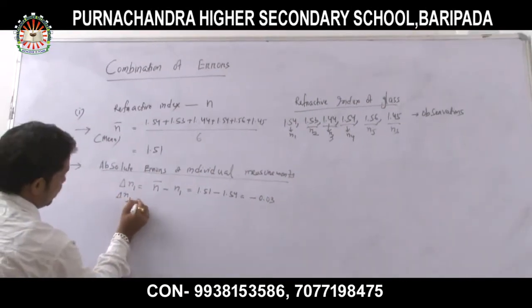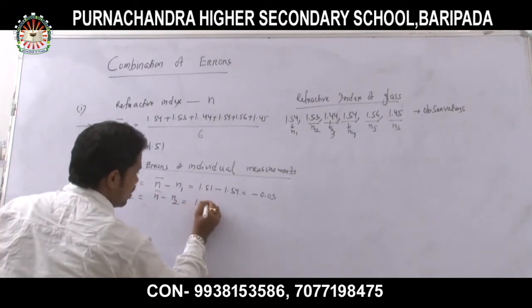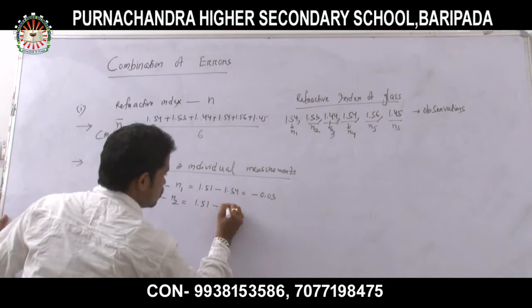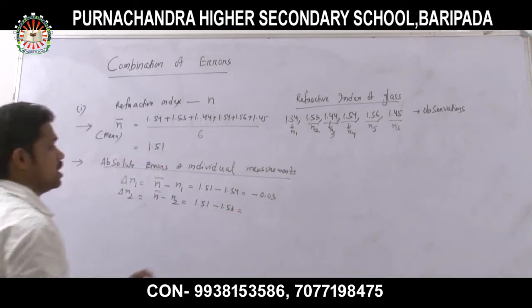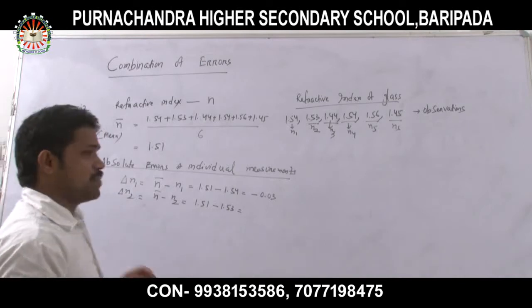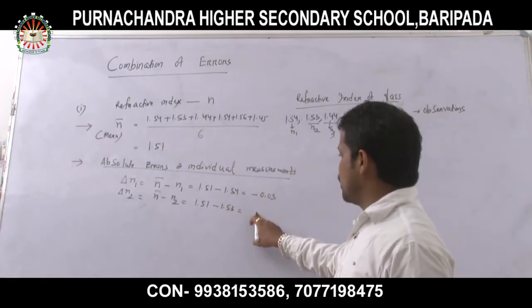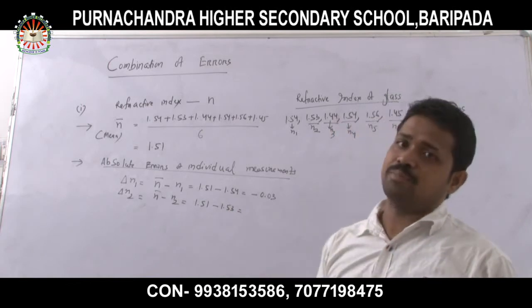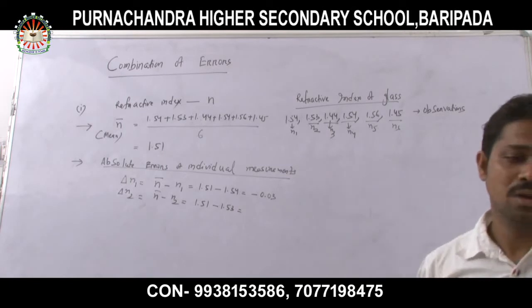Similarly, we find del n2, that is n bar minus n2, which is 1.51 minus 1.53. In this way you are going to find out the absolute values of all the individual errors. Clear all of you?